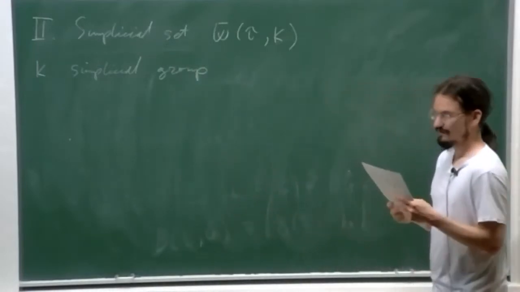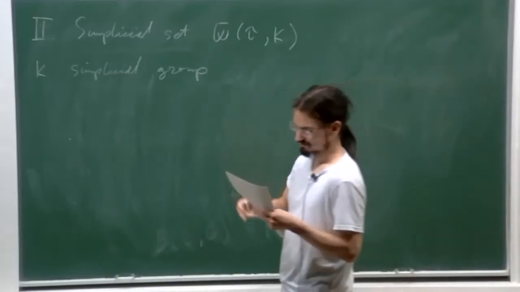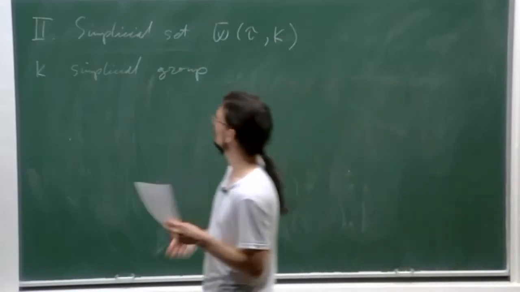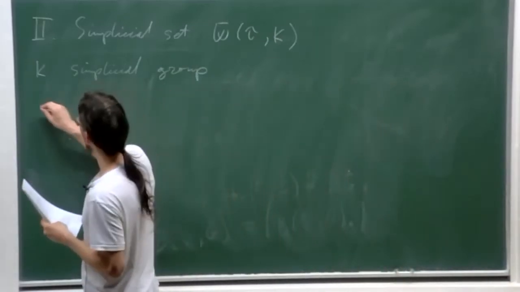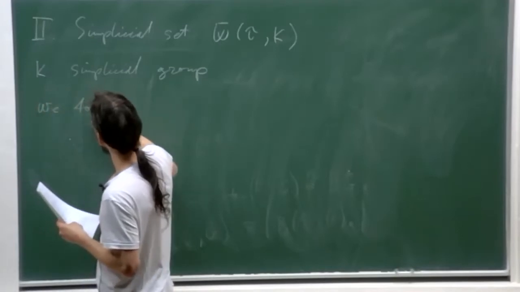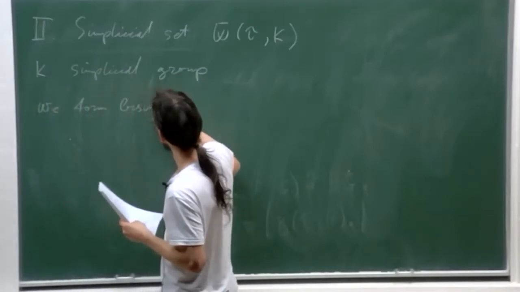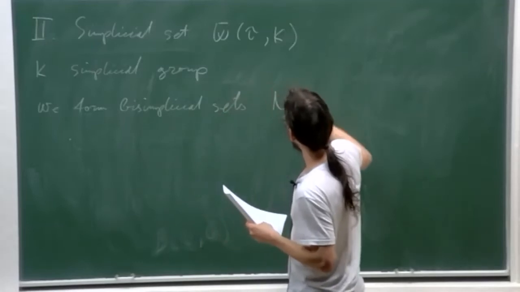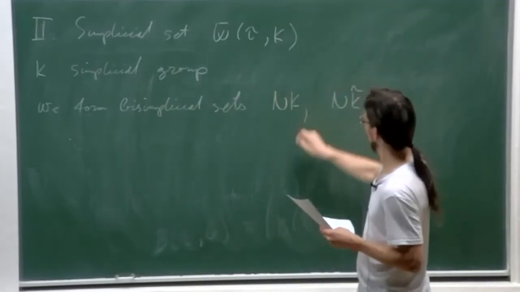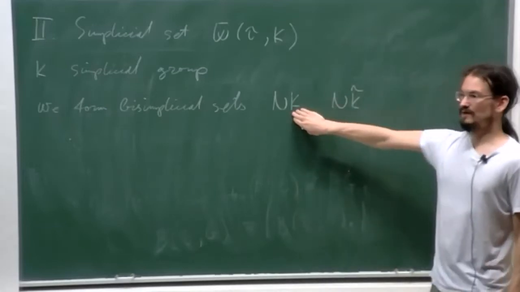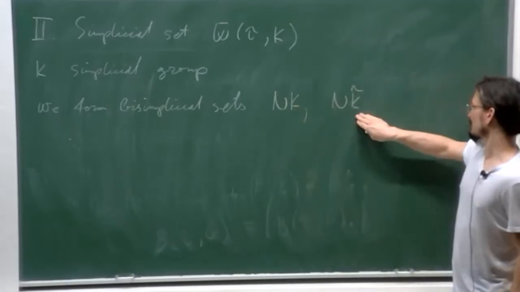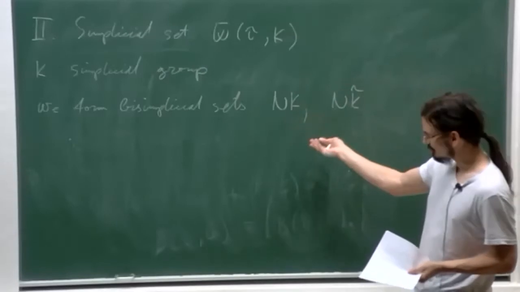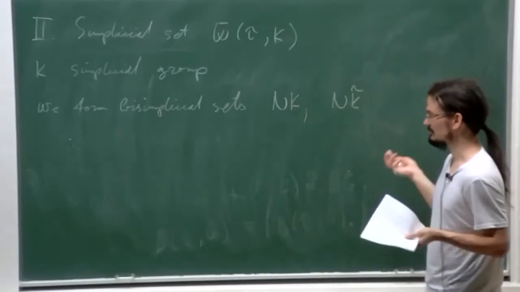From now on, K is going to be a simplicial group. So again, just like in the topological case, you basically form simplicial objects using the nerve. So to fix notation, we can form the bisimplicial sets NK and then N K tilde. Here we think of K as a simplicial category, and we think of K tilde as a simplicial groupoid, and then we use component-wise simplicial nerves to get bisimplicial sets.